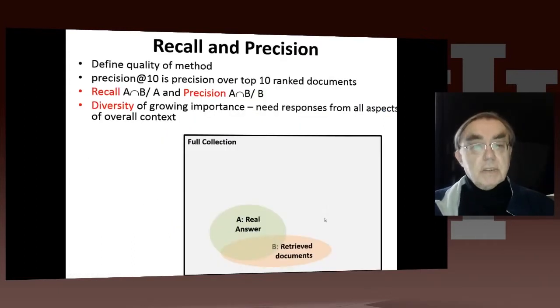Okay, this slide here tries to explain this concept of recall and precision, which is a key part of the quality of a search engine. So you have a complete collection represented by this gray square here, which has all the world's documents. And then you do a query. If you had a perfect answer to the query, you get this green.